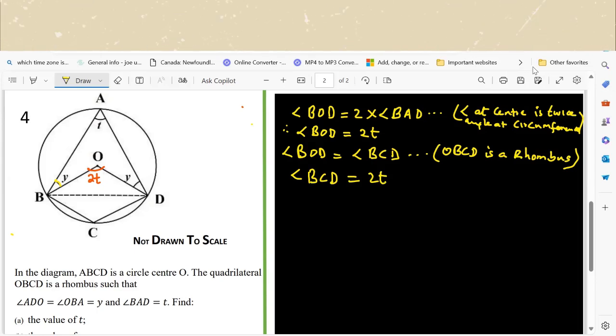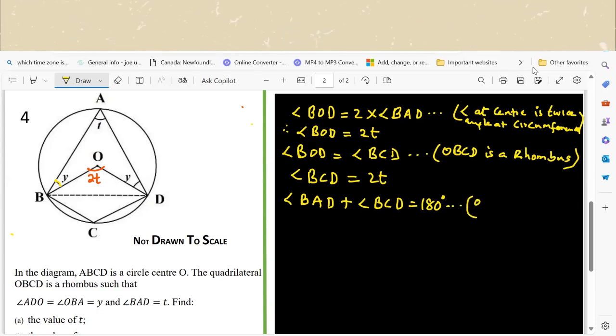Now, again, angle BAD plus angle BCD equals 180 degrees.